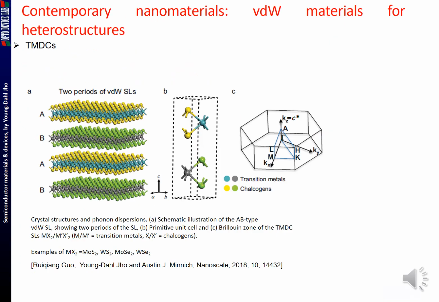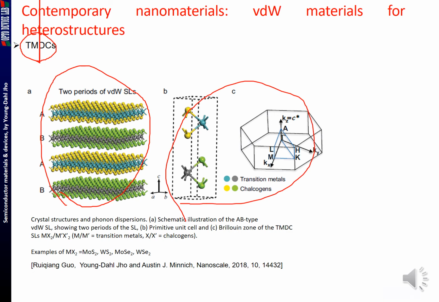And also in terms of heat transport, these transition metal dichalcogenide materials could have certain forms of quantum wells and multiple layers. Then you can also control the thermal transport. This is actually my work.